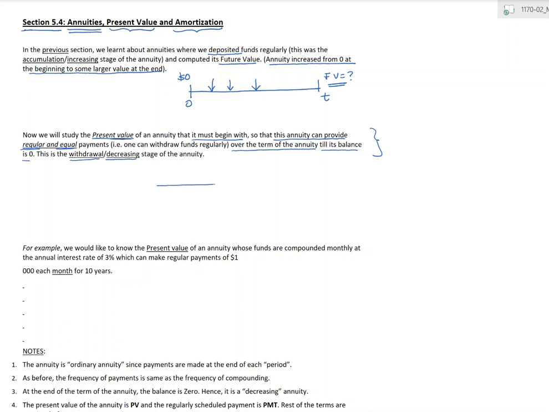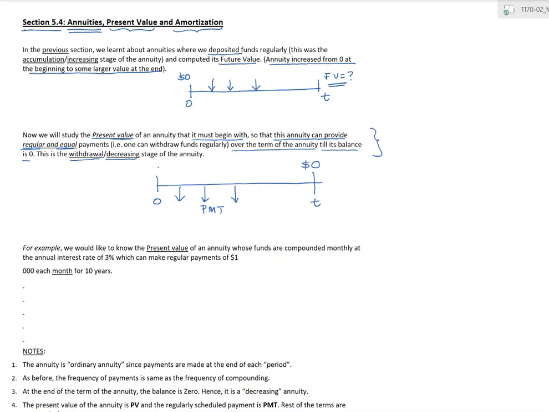In other words, here is your time 0, and now we are withdrawing money from it. So we are going to withdraw PMT amount for T years till the balance becomes $0.